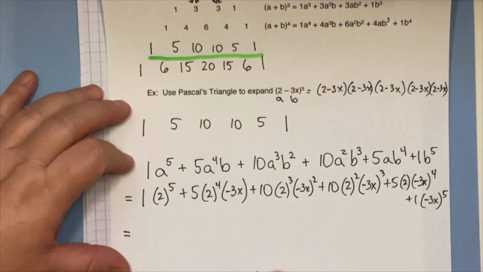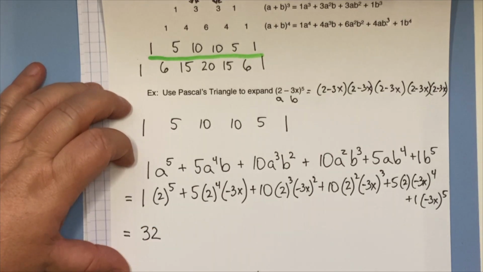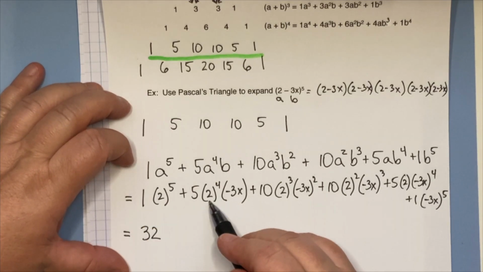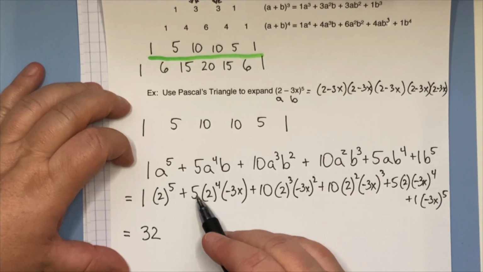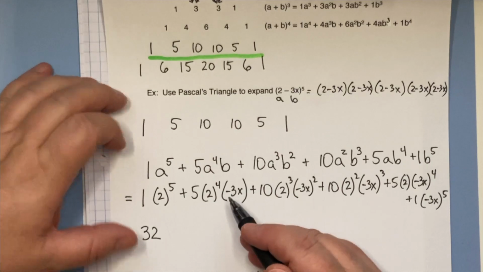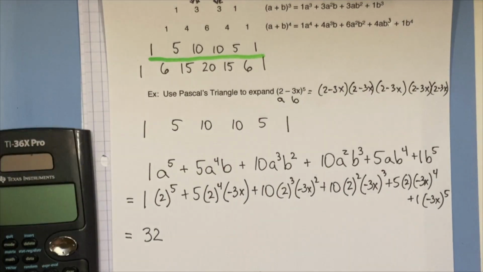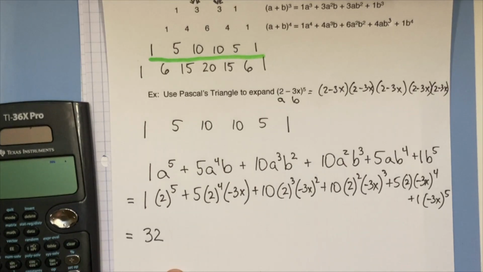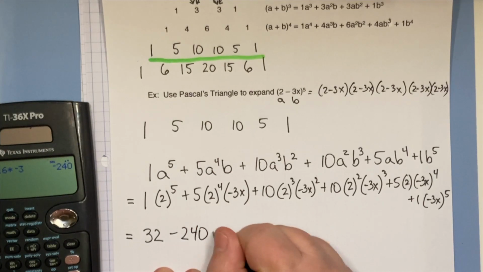Okay, it helps that I know that 2 to the 5th is 32, so the first term is 32. I happen to know that 2 to the 4th is 16, so this is 5 times 16 times negative 3. Where's my calculator? So 5 times 16 times negative 3 is negative 240x.